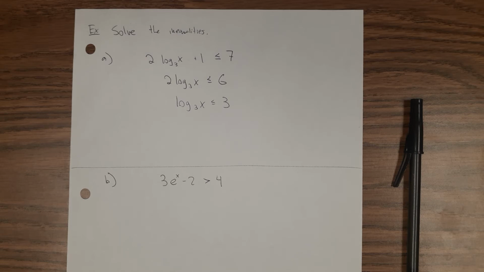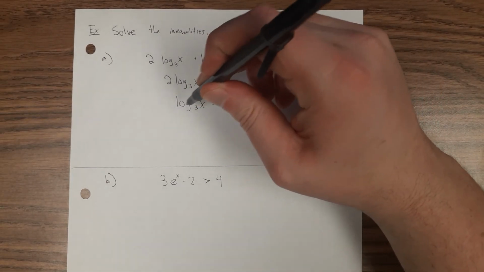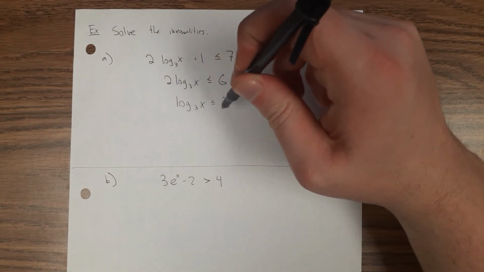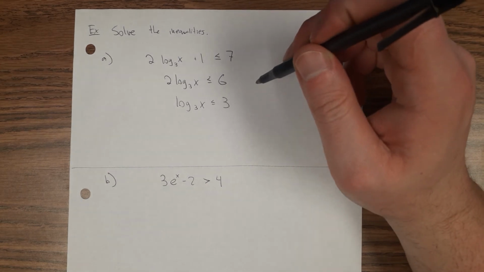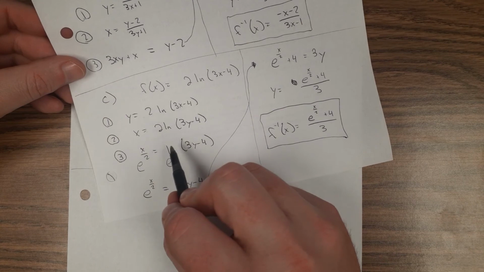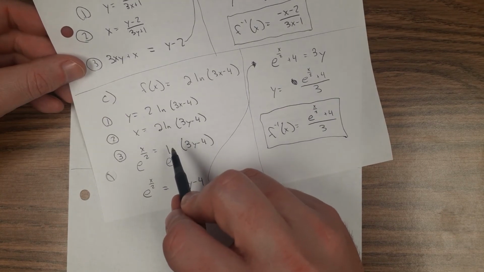How would I normally get rid of the logarithm? I would do the inverse function of log base 3, which is the function 3 to the x. In other words, I'm going to do 3 to this side and 3 to this side. By the way, this is entirely analogous to when I wanted to get rid of this logarithm on the last example.